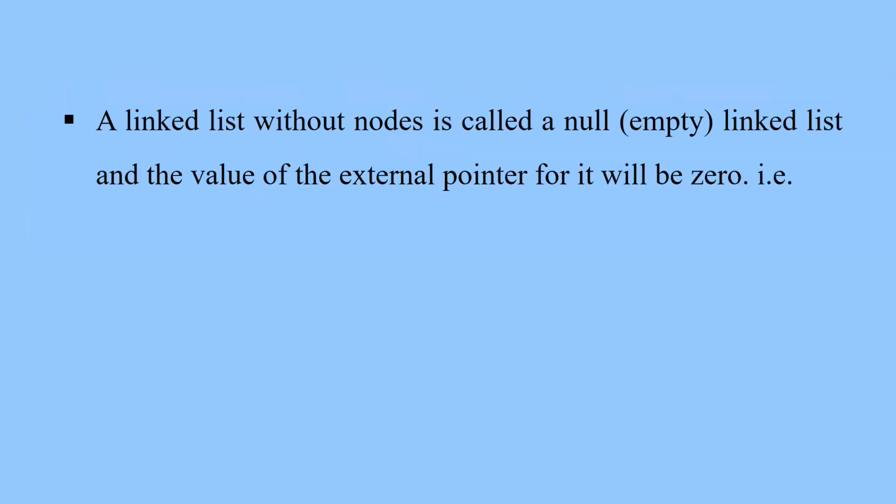A linked list without nodes, I have said, is called a null or empty linked list, and the value of the external pointer for it will be 0. That is, you initialize start with null.